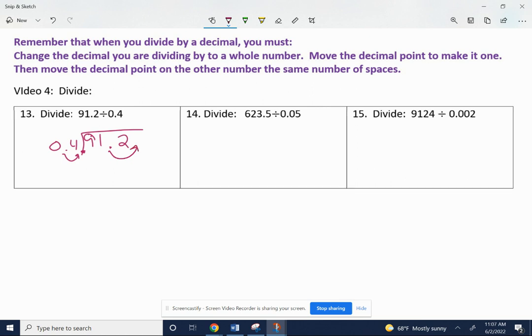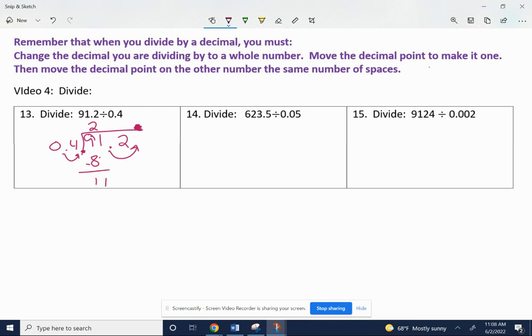So I need to think of this number as 912. And I'm going to put my decimal point right above where it should be so I don't forget where it is. Now I'm basically dividing 4 into 912. 4 goes into 9 twice. 4 times 2 is 8. Subtract. 9 minus 8 is 1.